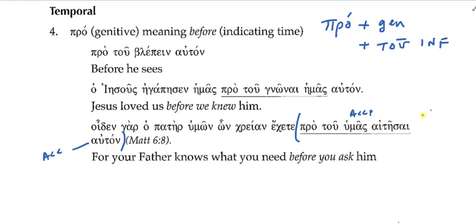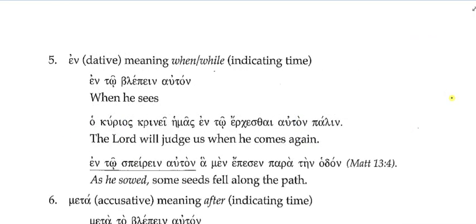By the way, this is an aorist active infinitive. Do you see the sigma alpha here? Yep. And then that iota tacked onto the end for aorist active. Okay, so your father knows what you need before you ask him. Number 5 here, en always takes its object in the dative case, right?